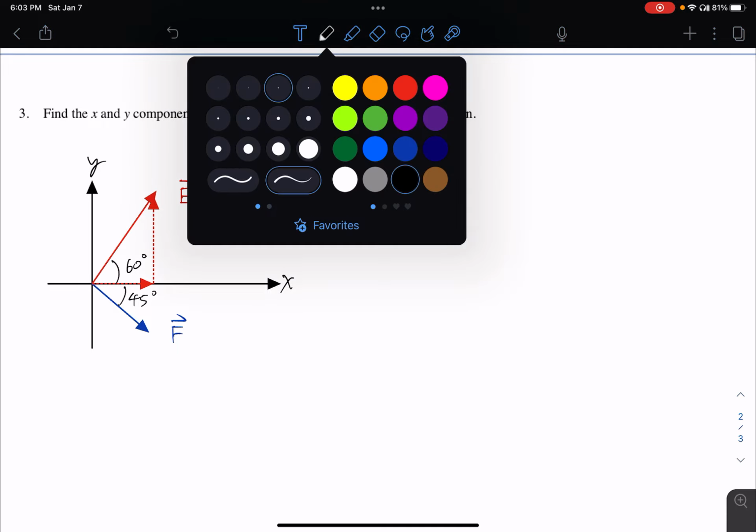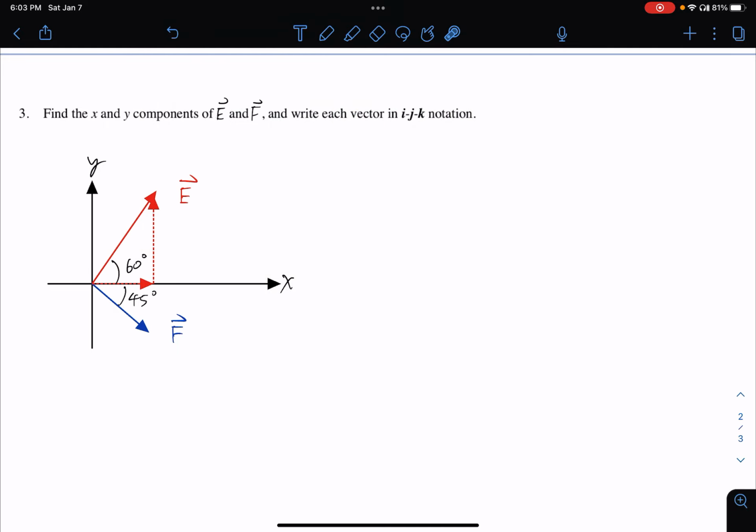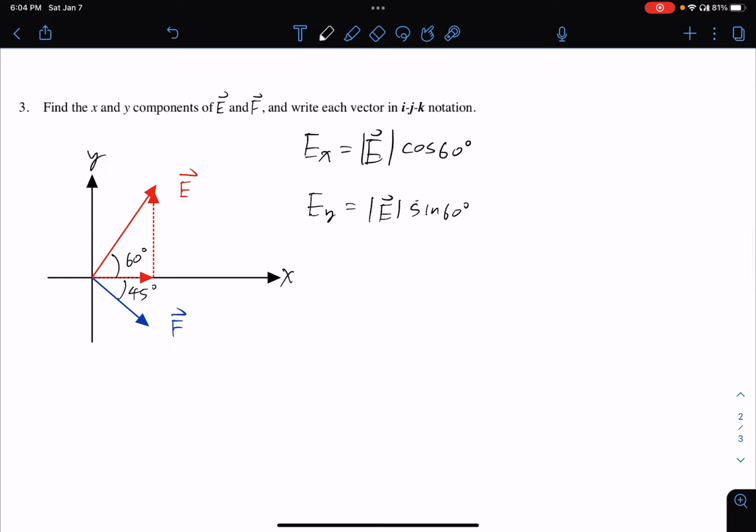So we see that the length of the x component of E will be the length of E times the cosine. So the x component of E will be the magnitude of E times the cosine of 60 degrees over here. Likewise, the y component will be the magnitude of E times the sine of 60 degrees.